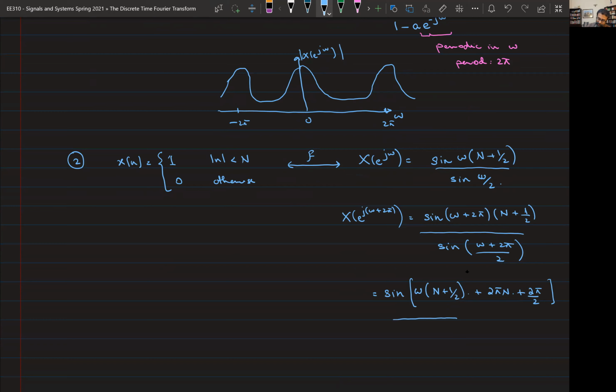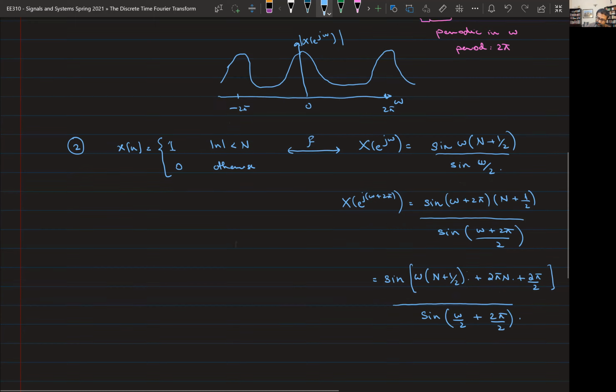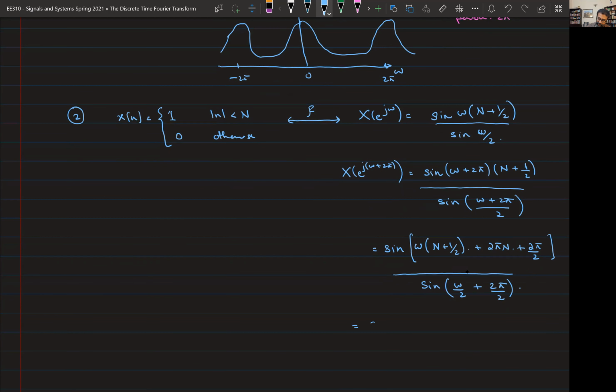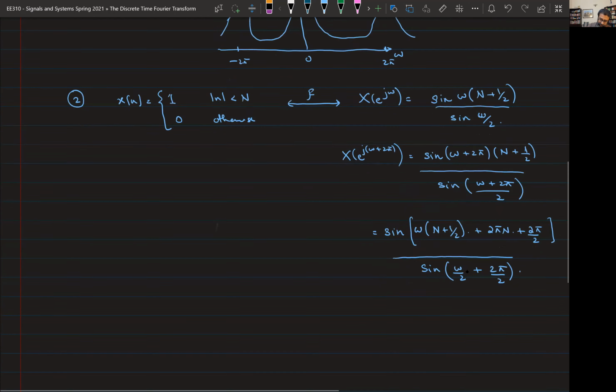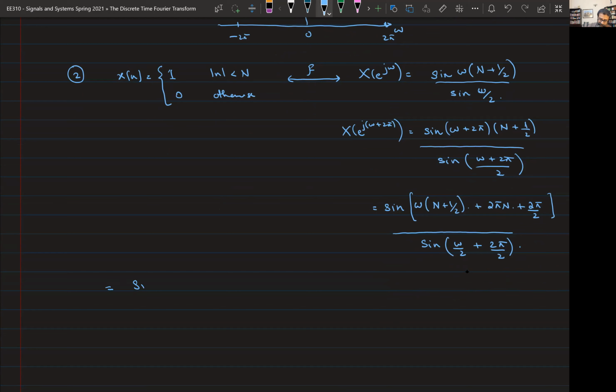And what I have in the denominator is sine of omega by 2 plus 2 pi divided by 2. So let me use the entire screen here. Can I say this is sine of omega times n plus half plus pi, and this is sine of omega by 2 plus pi? Can I say this is true?